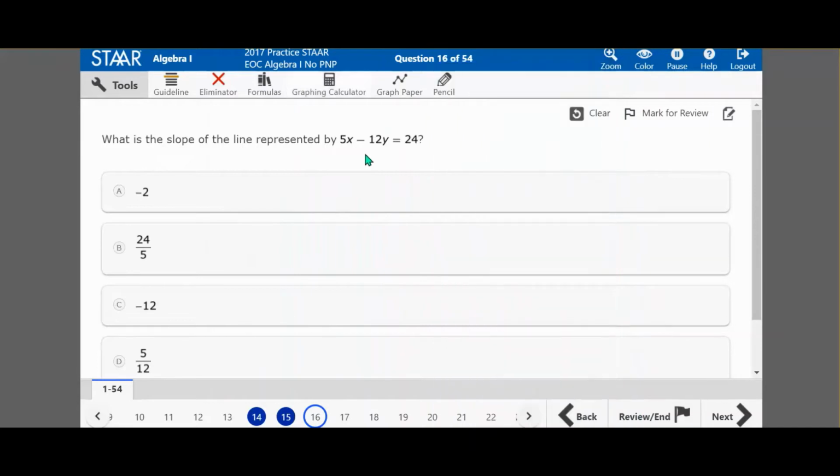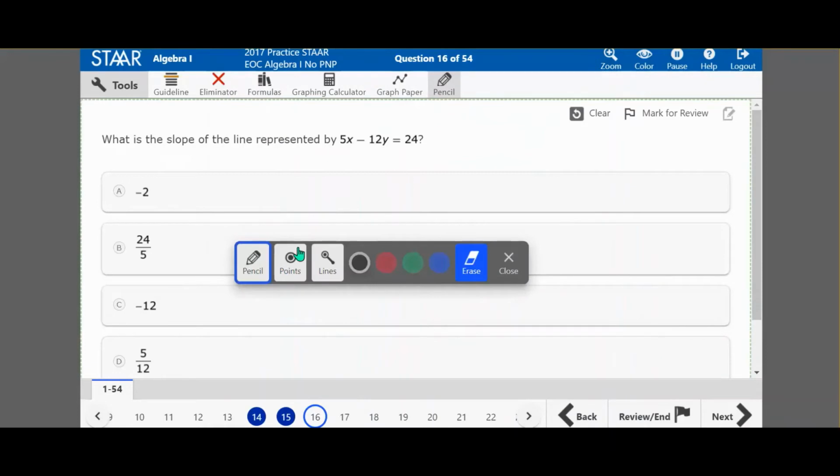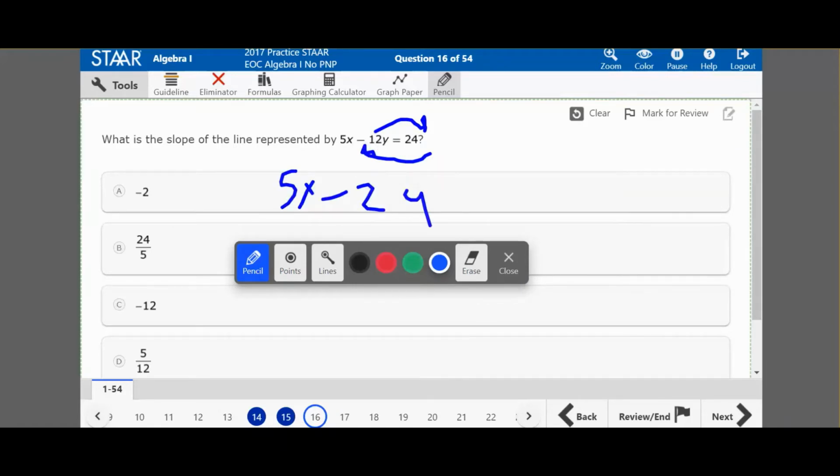The y value isn't by itself, so we have to change this into slope form. We move the 12y to the other side and the 24 to the other side. So we have 5x minus 24 equals 12y.